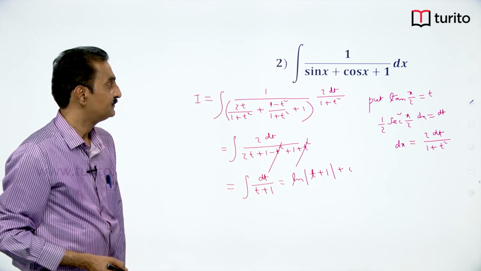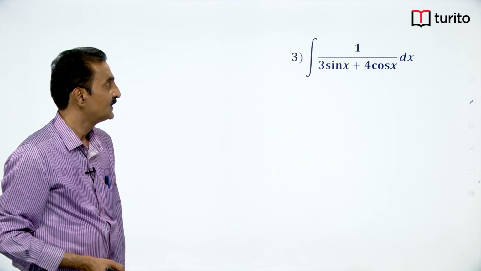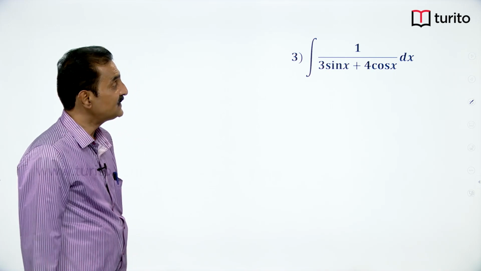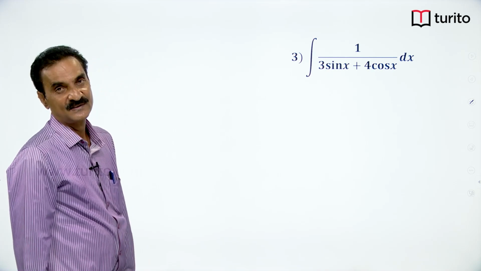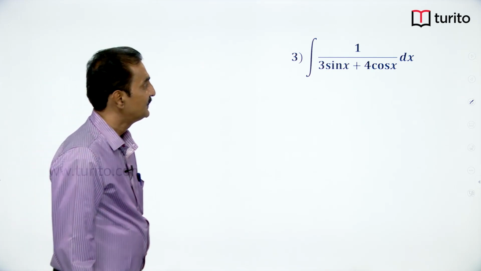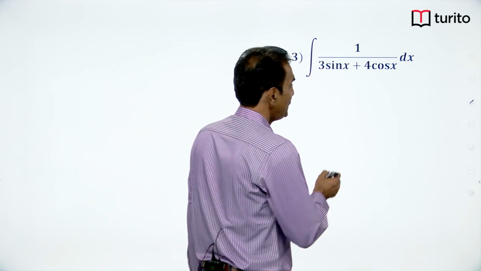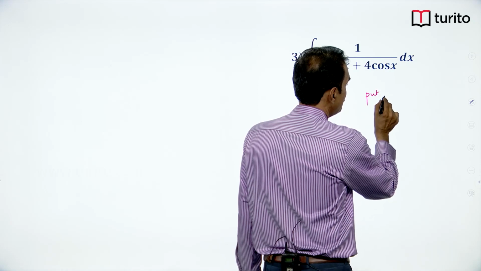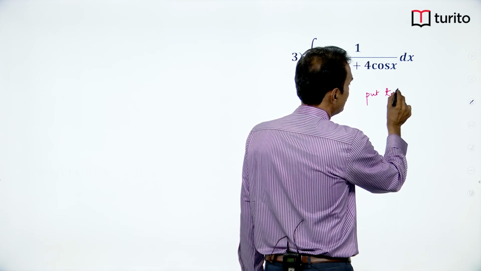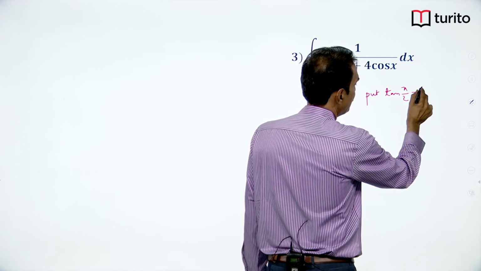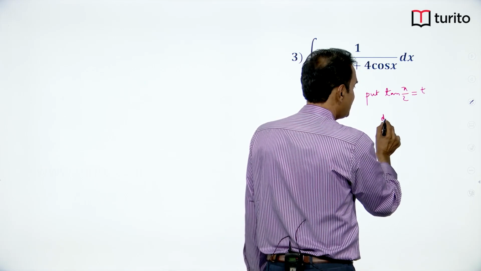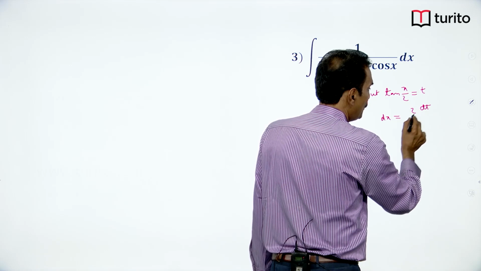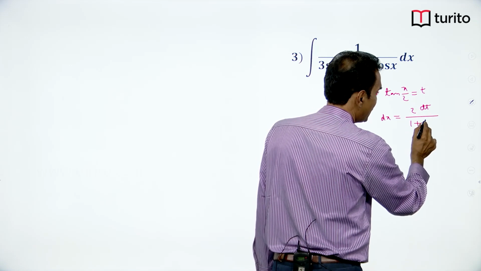Next question. Integral 1 by 3 sin x plus 4 cos x. As usual, we put tan x by 2 is equal to t. I will directly write the further steps. dx is equal to 2 dt by 1 plus t square.